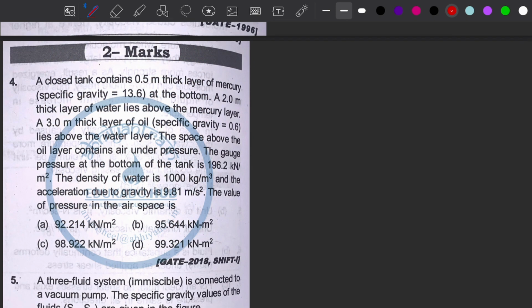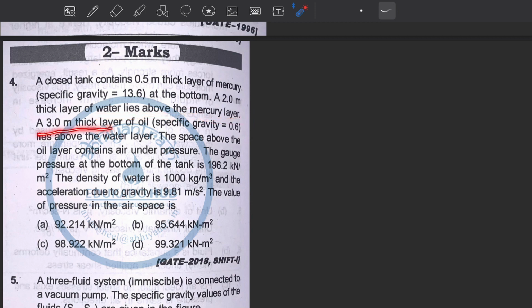So the first question is, a closed tank contains a 0.5 m thick layer of mercury, which has specific gravity 13.6, at the bottom, and a 2-meter thick layer of water lies above the mercury layer.